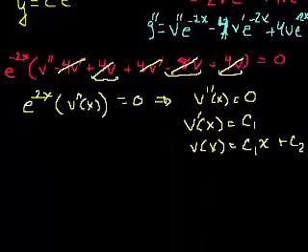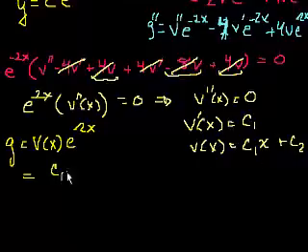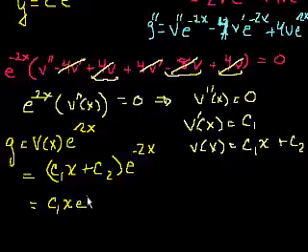We've established that it works. g, which we can call our solution, is equal to v of x times e to the minus 2x. Well, that equals c1x plus c2, times e to the minus 2x. That equals c1x e to the minus 2x plus c2 e to the minus 2x.